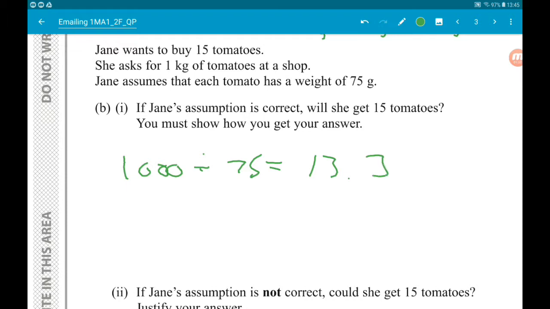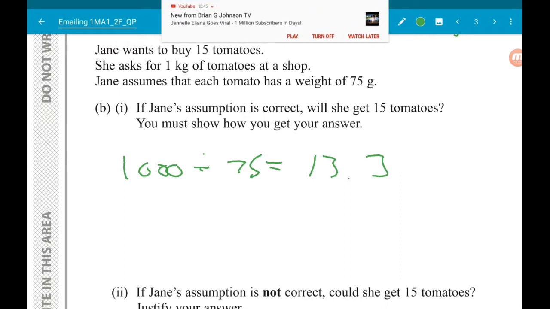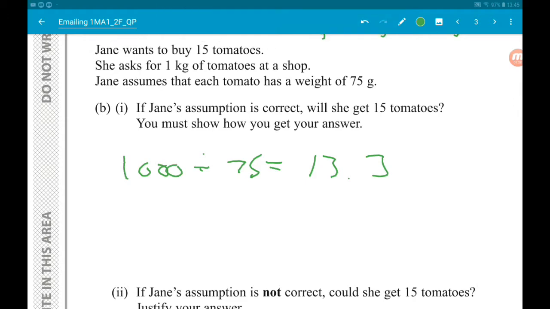So if she is correct, she will get 13 tomatoes, so no.